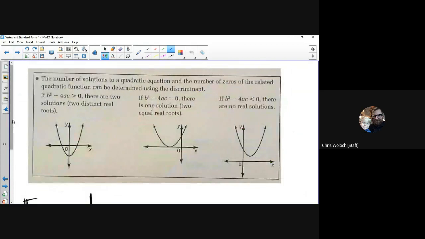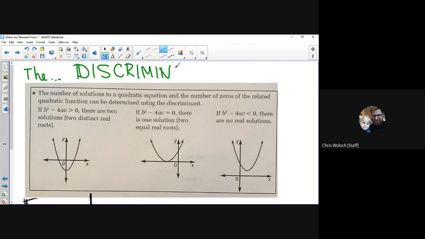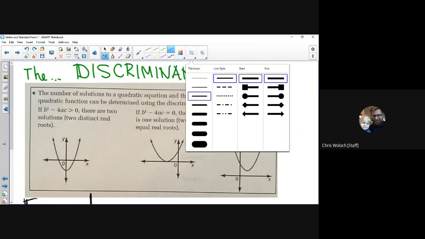Oh, sorry, one more thing that I forgot. This is where we talk about something called the discriminant.